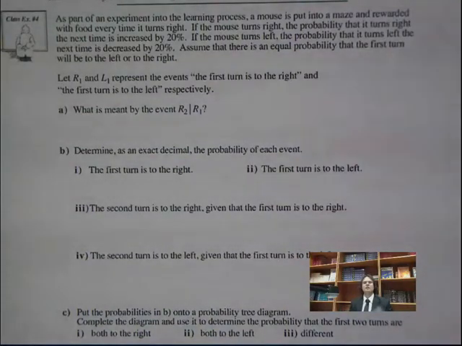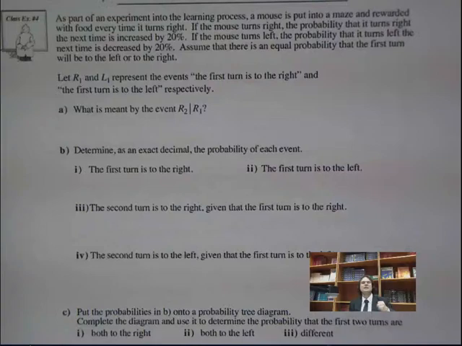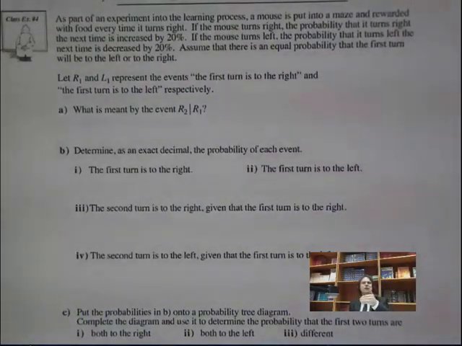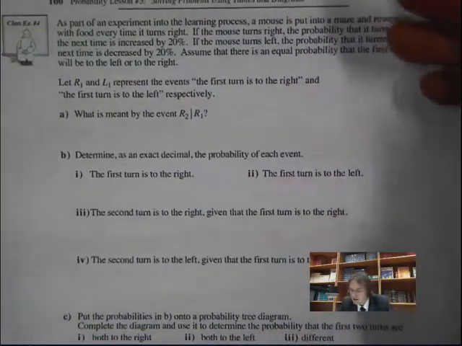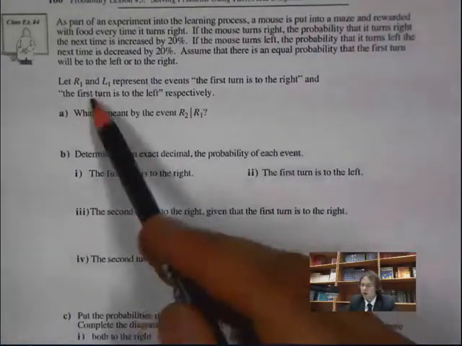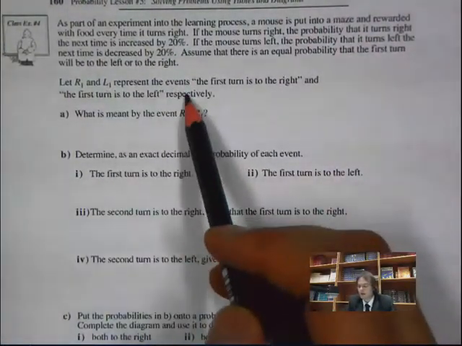So now here is an example of a dependent event. Why? Because if the mouse turns right, the probability that it turns right again increases. If it turns left, the probability that it turns left again decreases, and turning right again increases. So it really matters what happened first or second. Okay? So in this case, let R1 and L1 represent the events.